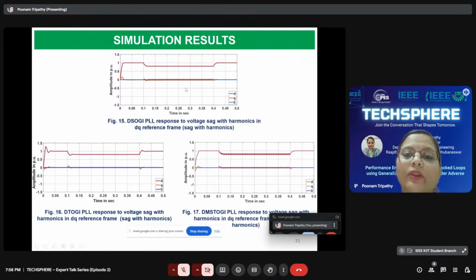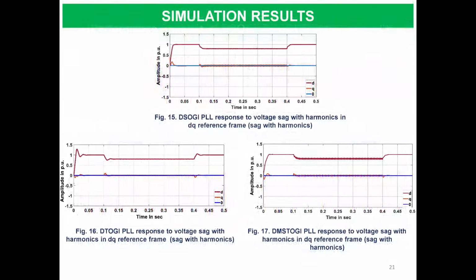So from the simulation responses of all the PLLs in the DQ reference frame, it can be seen that for the disturbance time period from 0.1 to 0.4 second, all the PLLs are capable of accurately estimating the voltage magnitude as well as the voltage phase angle.